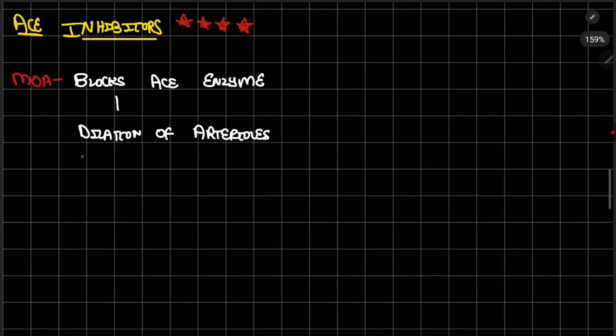So aldosterone production will be decreased. And we know aldosterone basically reabsorbs sodium and water. So there is decreased Na+ and H2O retention.